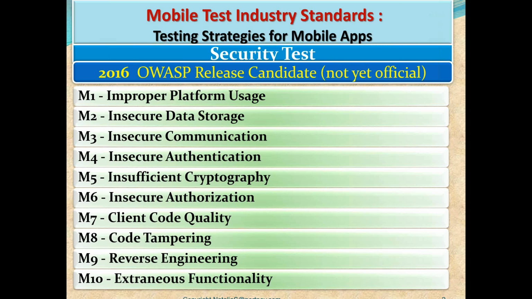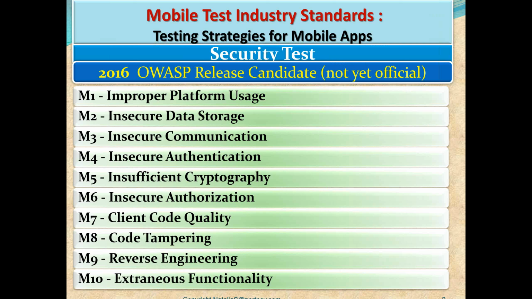What is insufficient cryptography? This category applies cryptography to a sensitive information asset, like your password or your credit card information or your social security number. However, the cryptography is insufficient in some way.